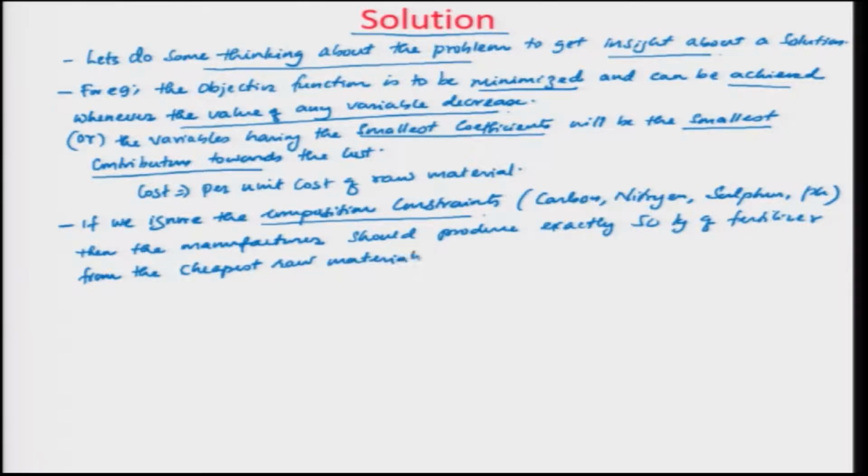So if the composition constraint is not there, if you are not worried about the carbon, nitrogen, sulfur, phosphorus, etc., then the manufacturer should produce exactly 50 kilograms of the fertilizer from the cheapest raw material.